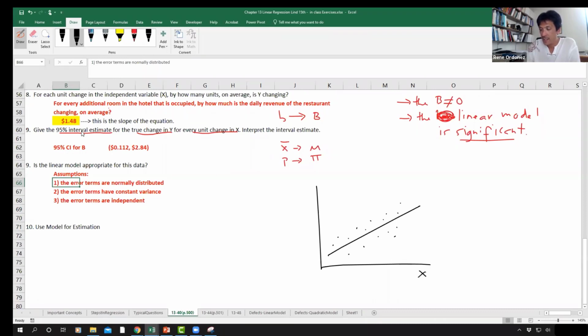Okay, here's X, here's Y. Any point along that line is what we call the Y hat, meaning the fitted Y. A fitted Y is when you substitute the value of X into the model.